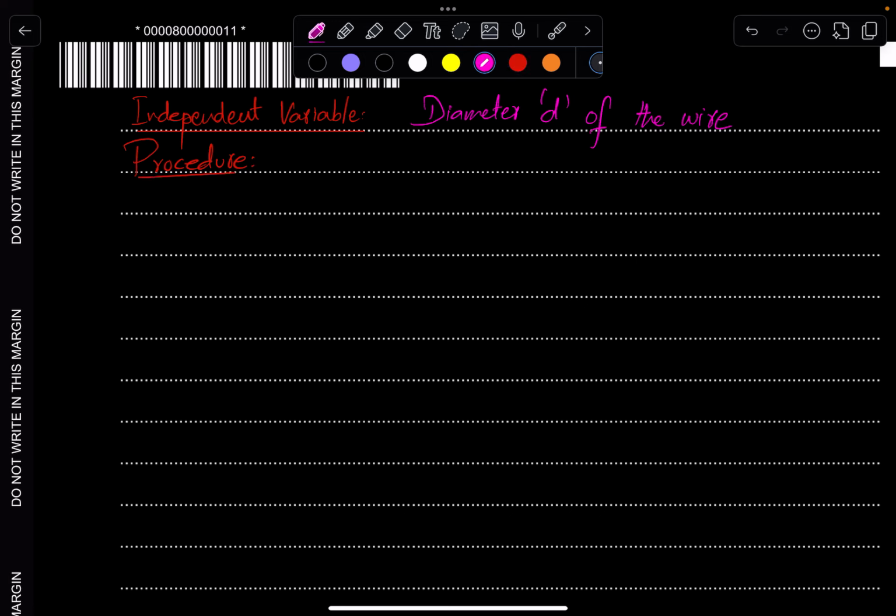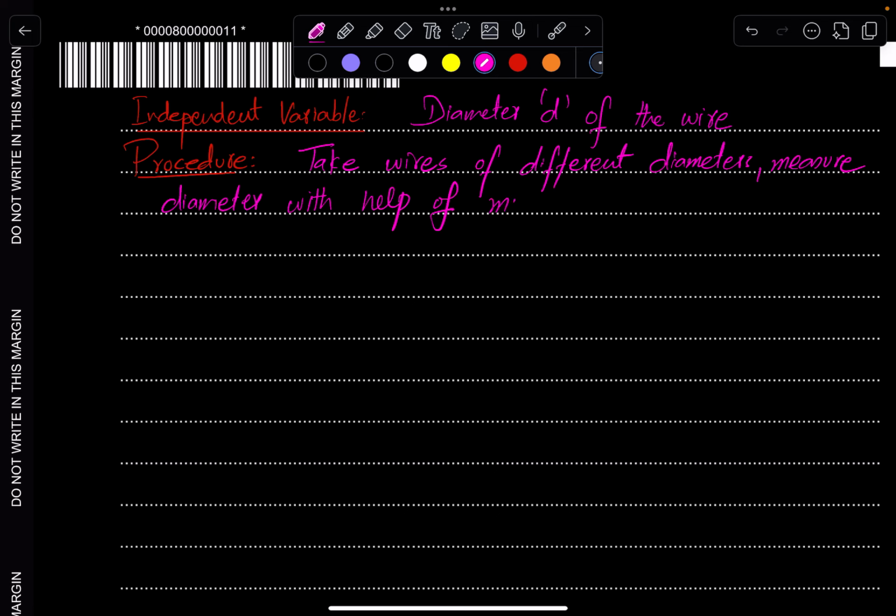Take wires of different diameters, and measure the diameter with the help of a micrometer screw gauge.